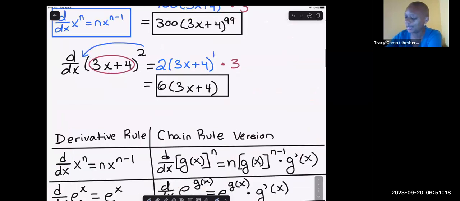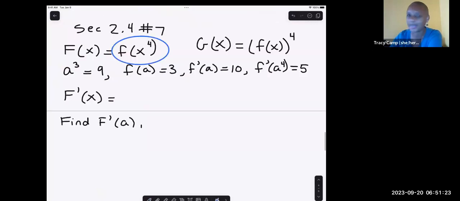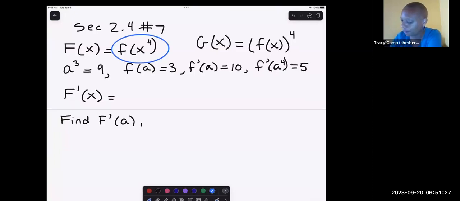In this case I have f of x to the 4th, so my derivative will be f prime of x to the 4th, times the derivative of what's there instead of just an x. What's there is x to the 4th, and the derivative is 4x cubed.